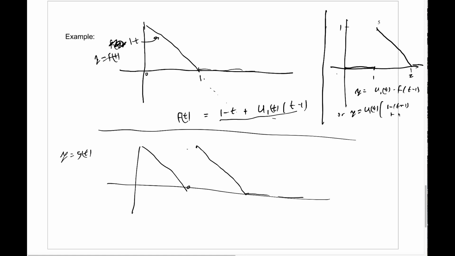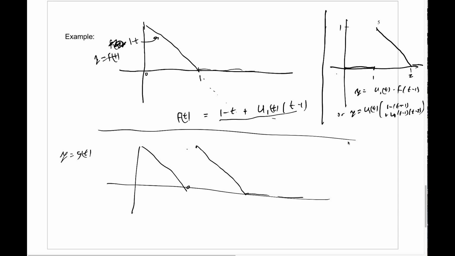Then we have to add this u sub 1 of t times u sub 1 of t minus 1 times t minus 1, which is t minus 2. Let me rewrite that, I'm sorry. Times t minus 2. There we go.